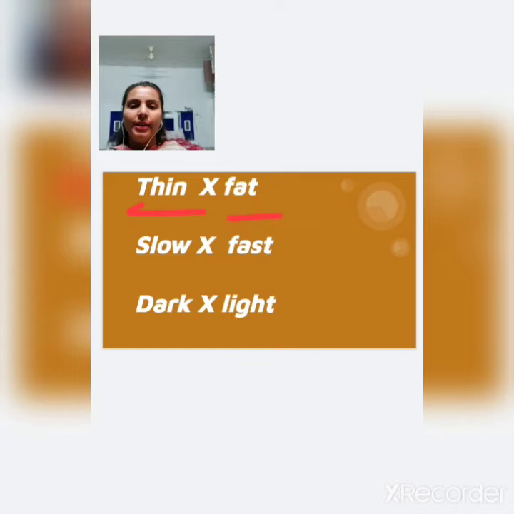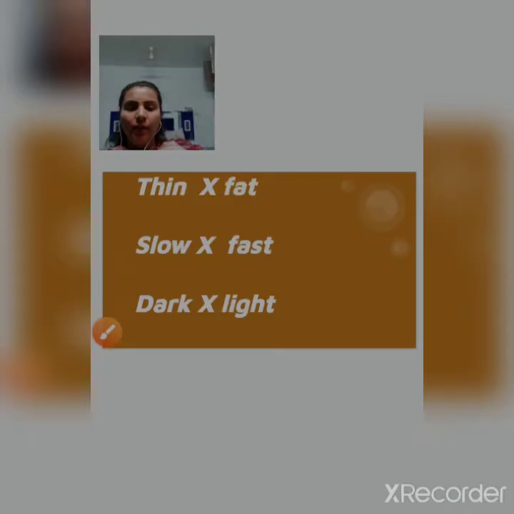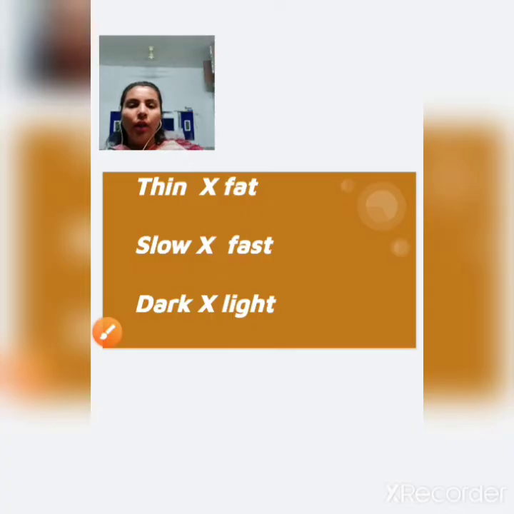Similarly, slow, slow, and the opposite of slow is fast, fast. What is the opposite of slow? Fast. And slow is also an adjective, and the opposite adjective of slow is fast.